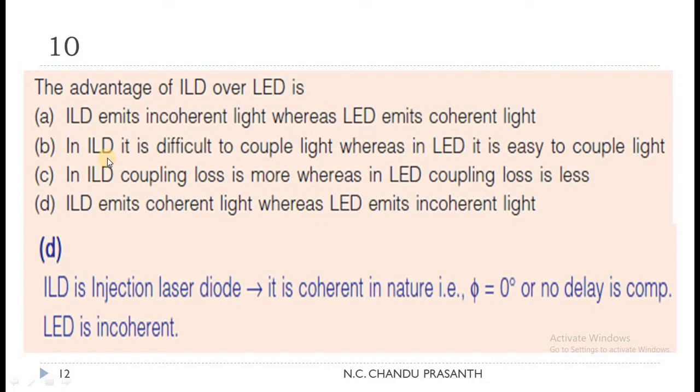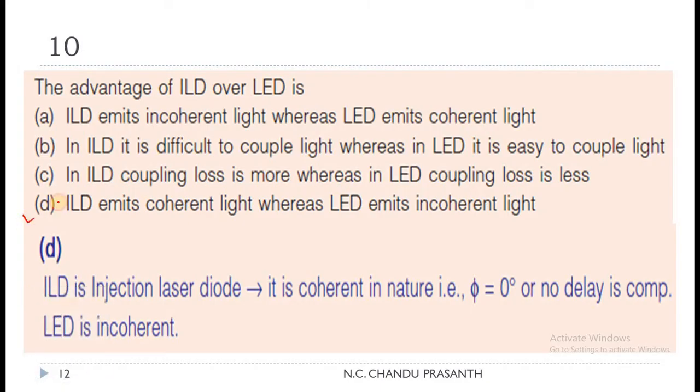Option B, in ILD it is difficult to couple light whereas in LED it is easy to couple light. Option C, in ILD coupling loss is more whereas in LED coupling loss is less. And fourth and last option, ILD emits coherent light whereas LED emits incoherent light.